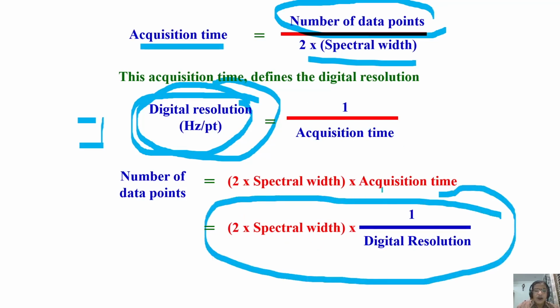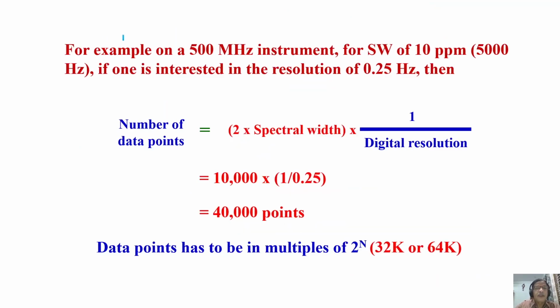This tells you how many data points you need to collect to get good resolution. You can decide that. For example, I have a 500 megahertz instrument for which I have to acquire data for 10 ppm. You all know 10 ppm at 500 megahertz corresponds to 5000 hertz.